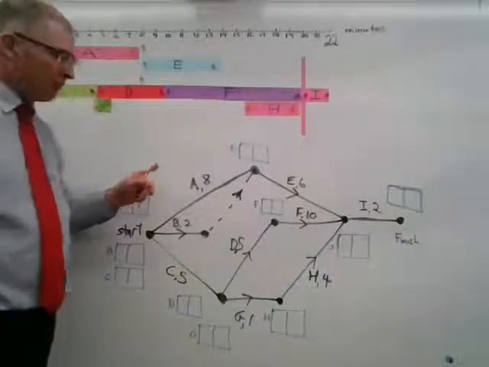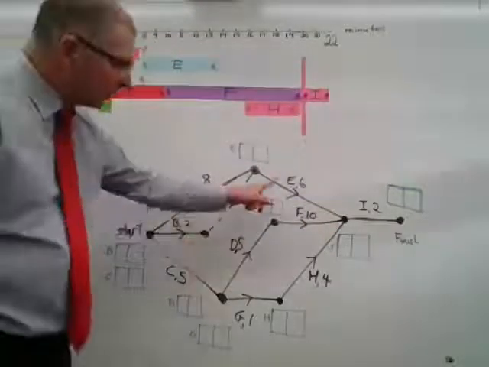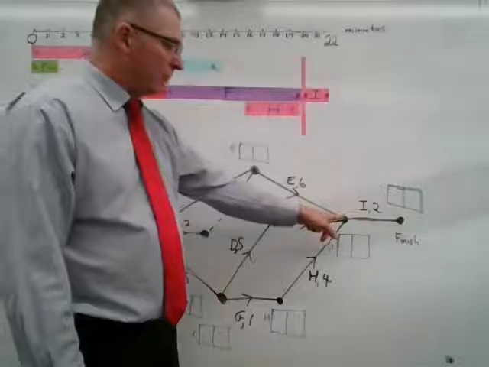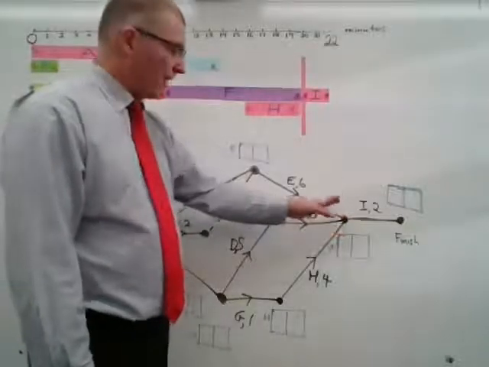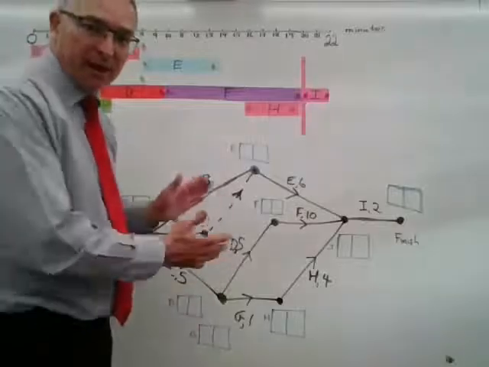Now, in that time, we also have activity A, which takes 8 minutes. It's only a predecessor for activity E, and activity E has to start before activity I, and that's the only activity that activity E has to finish before.